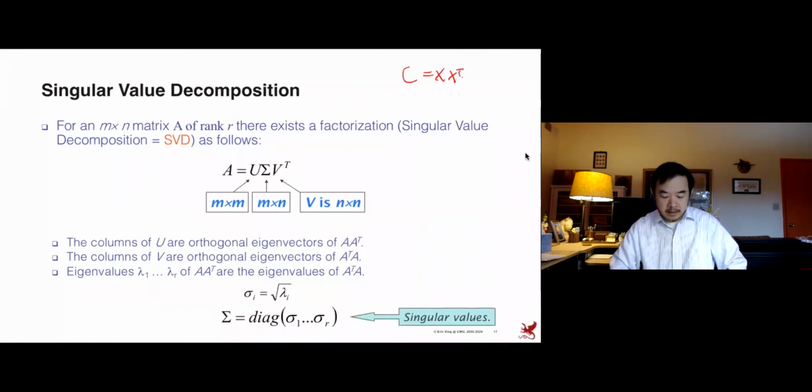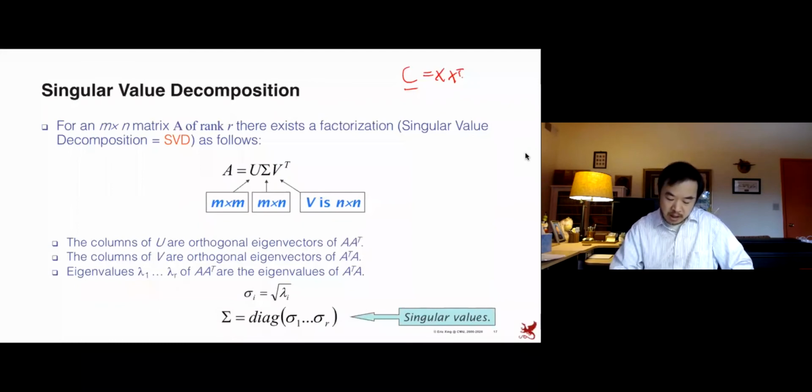In information retrieval or text mining, people are not comfortable thinking in terms of the covariance matrix C because it's very abstract. You get a sense of variance and covariance among data points, but the original meaning of the data, for example the frequency of the word and the strength of the word, somehow gets lost.